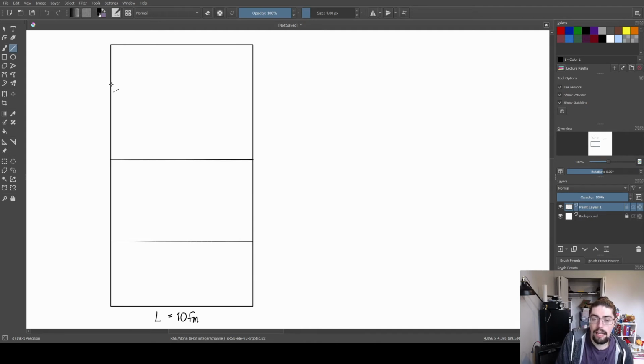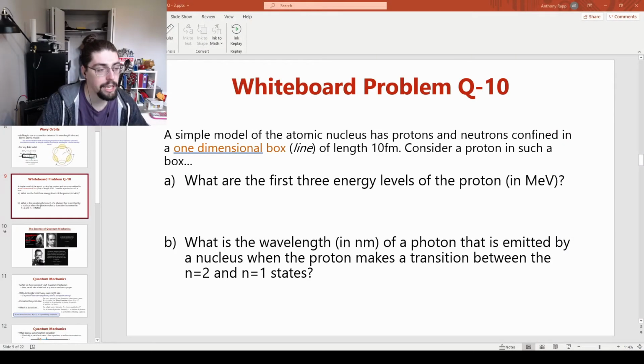Like everything else, these must be standing waves. So what are the first three energy states? The problem is asking us here, what are the first three energy levels of the proton? Assuming that it's contained within this box, assuming that it's behaving like a wave, what are the first three energies of this wave?